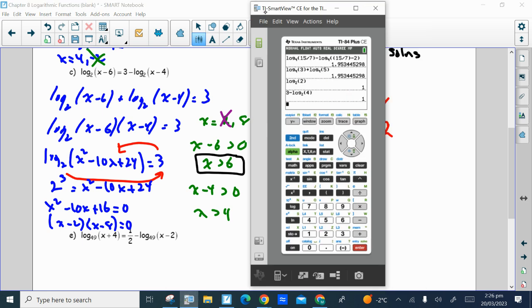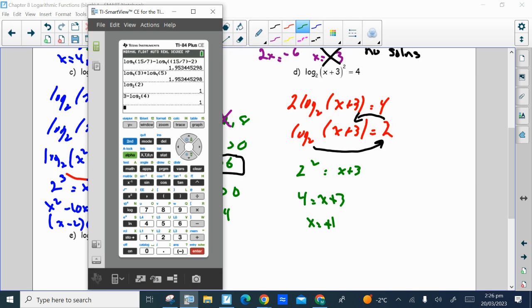So, if we use the graphing calculator to check this graphically, it's log base 2 of x plus 3 squared, and that should equal positive 4.